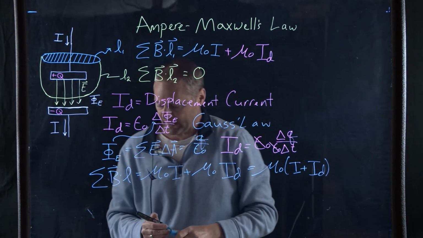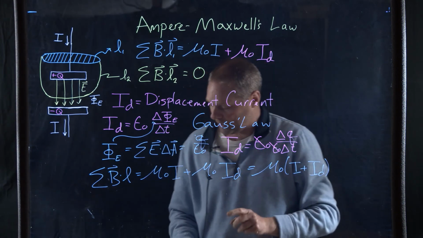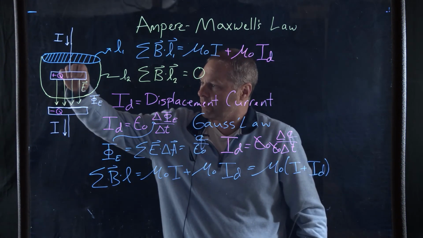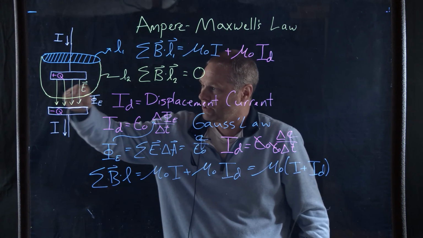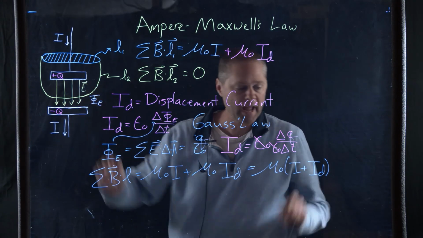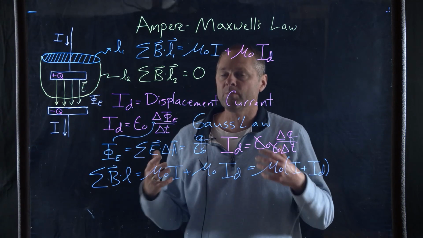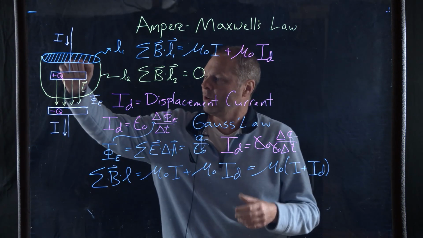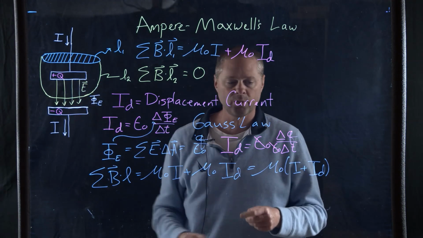You want to think of the displacement current as the current that goes through surface 2 and into the minus Q plate of our capacitor. And that's what Maxwell did in order to explain the phenomenon of the current traveling through there.